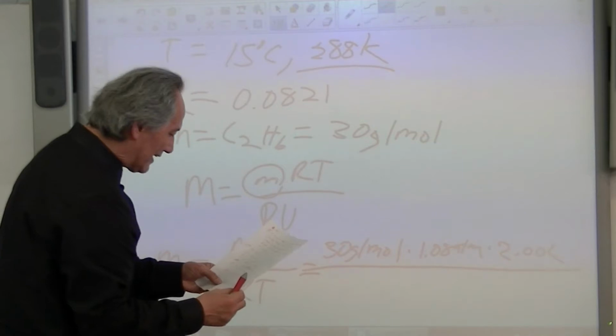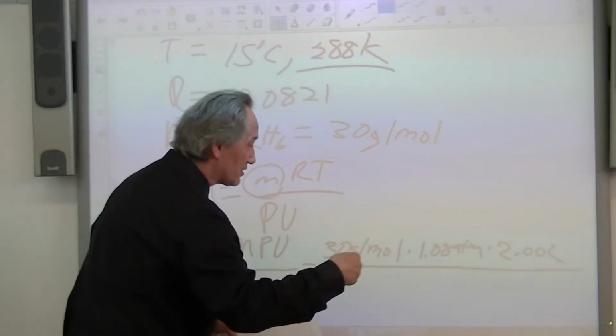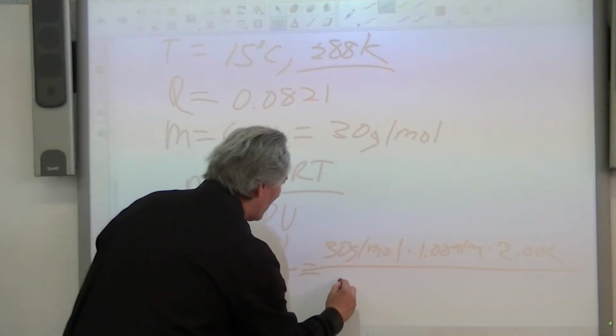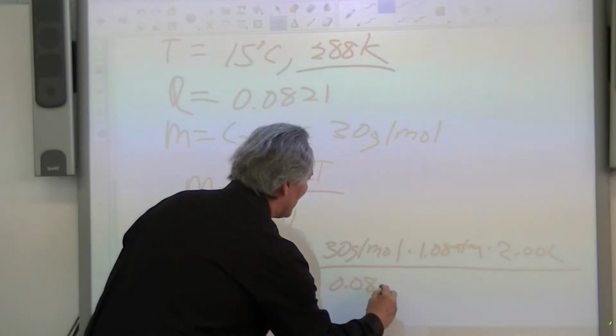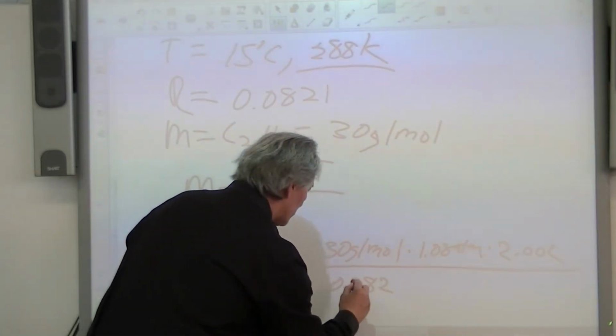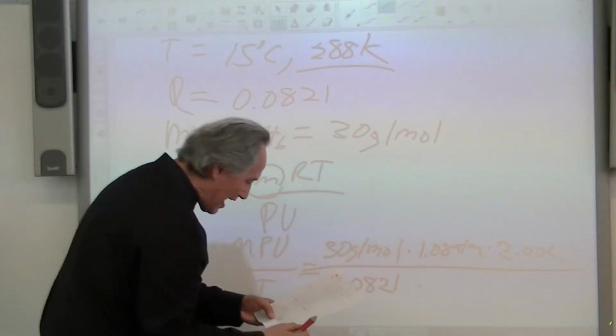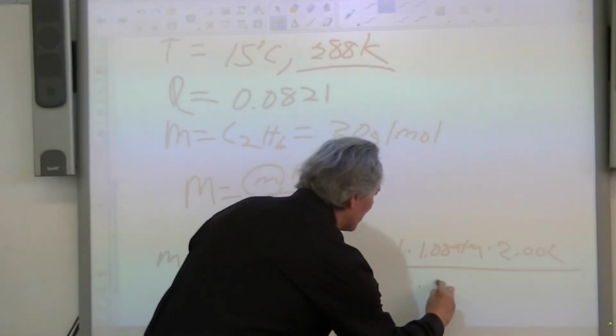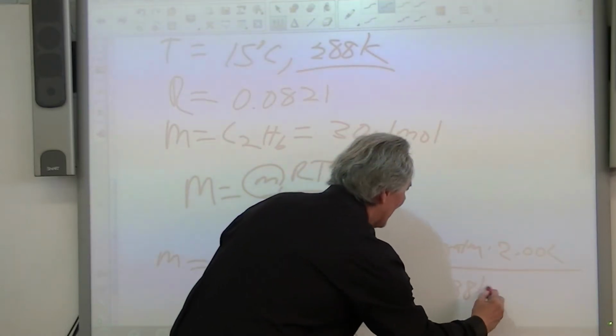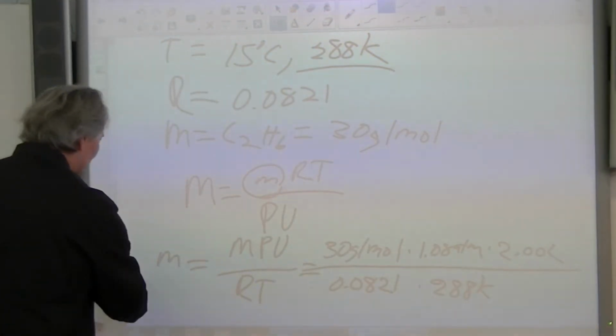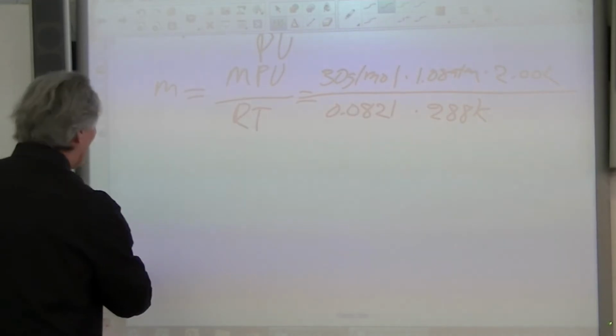On the bottom we've got the gas constant, which in terms of pressure in atm would be 0.0821, times our Kelvin temperature, which was 288 Kelvin, originally given in Celsius as 15 degrees, and hence we can solve this.